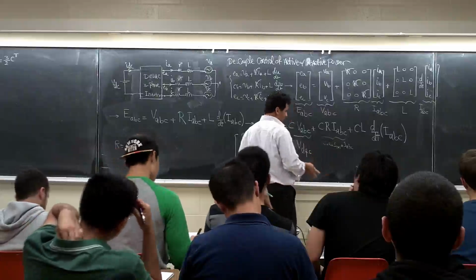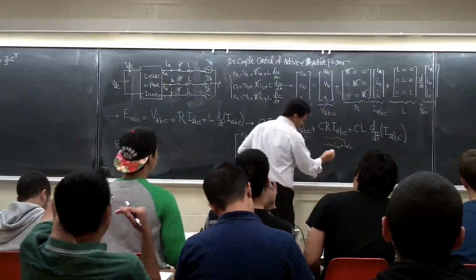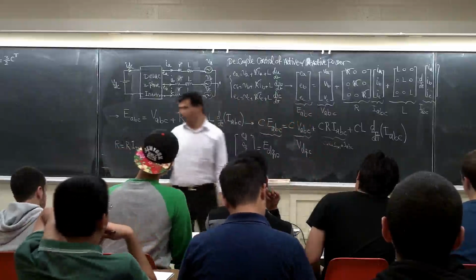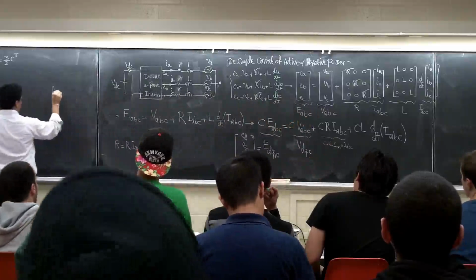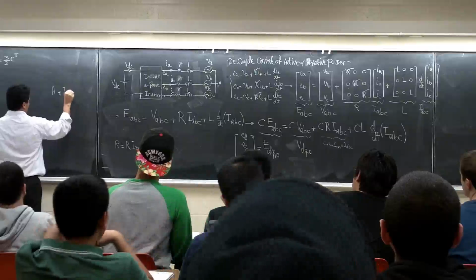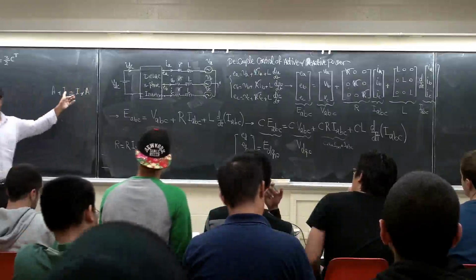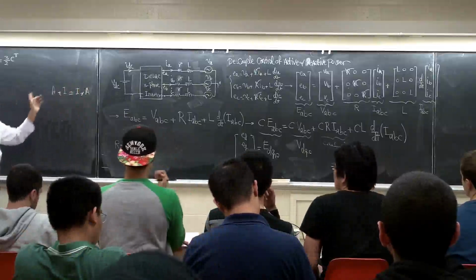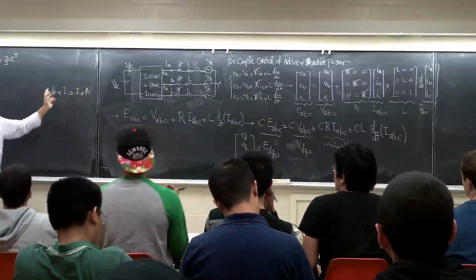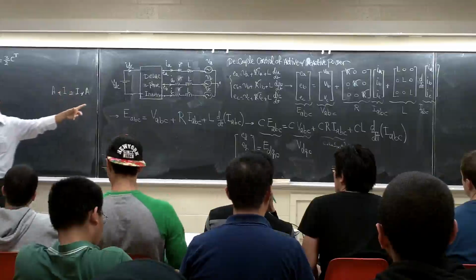So basically, I want to keep it in a matrix form. When I have A times I, let's put it this way better. This one is equal to I times A, right? In the matrices, you cannot exchange the places, right? A times B is not equal to B times A. You know that, right?